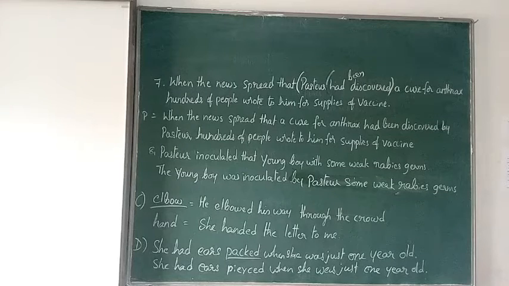Bring it here. It told us to change into a polite request. Could you please bring it here? After completion of the question, it becomes the question mark. Could you, a request. It is a polite request. Please bring it here.